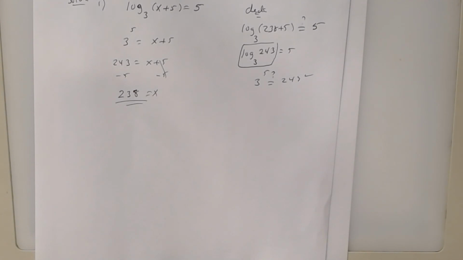So the log of 243 divided by the log of what? 3. Why is it taking us so long to do the log of 3? You'll get 5? Okay, you get 5.